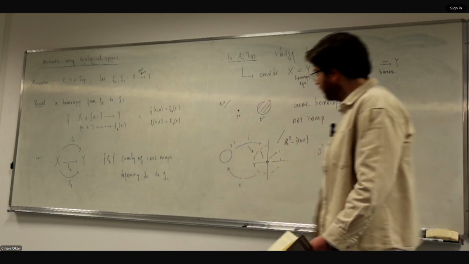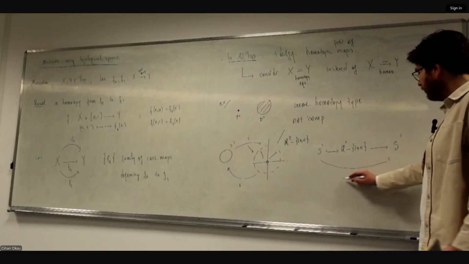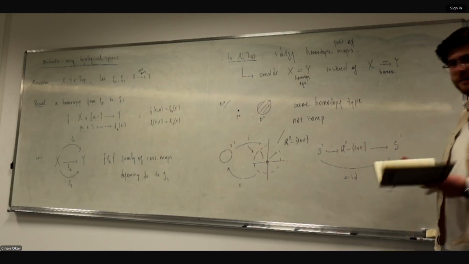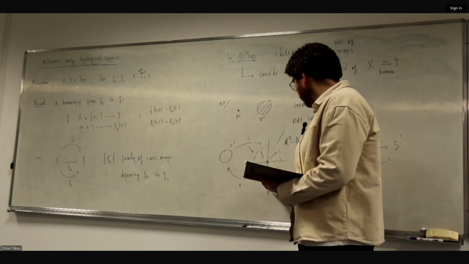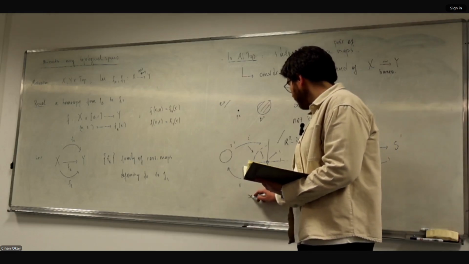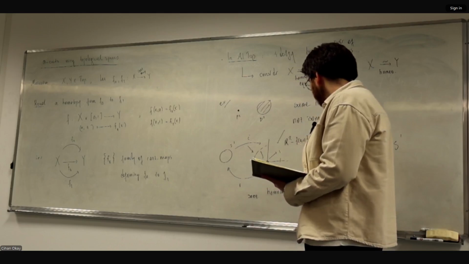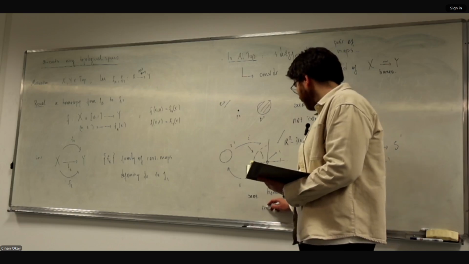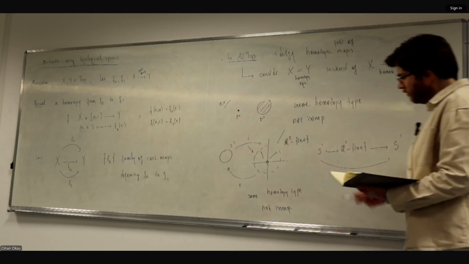This is your retraction, and this map turns out to be homotopic to the identity. So you have this kind of deformation retraction business. Anyway, they have the same homotopy type, but are not isomorphic spaces.